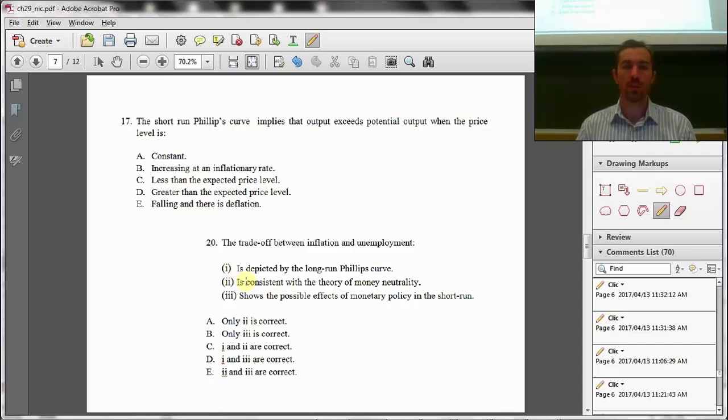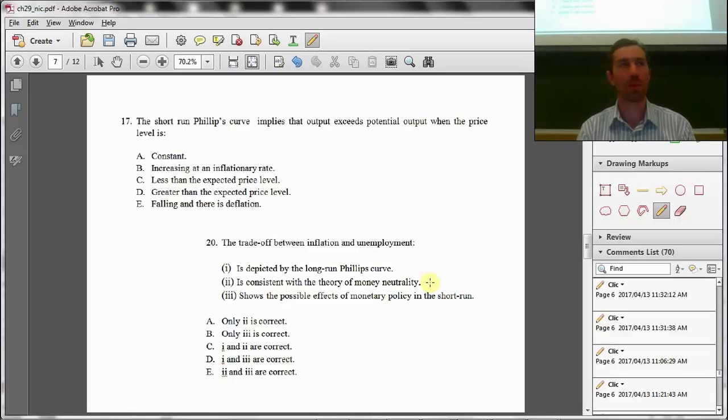Number 2. Is it consistent with the theory of money neutrality? The short run, in other words, the trade-off between inflation and unemployment. Is that consistent with the theory of money neutrality? Do we need a refresher on money neutrality? What does that mean?